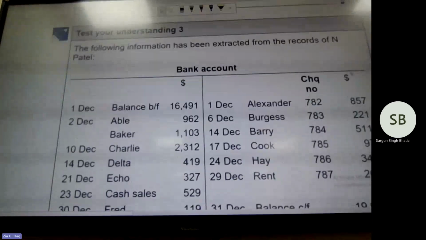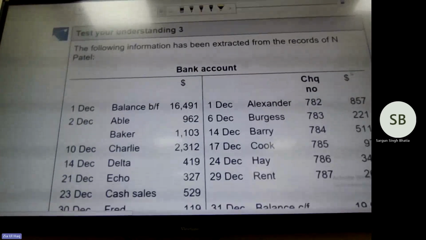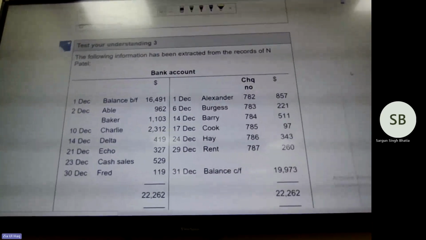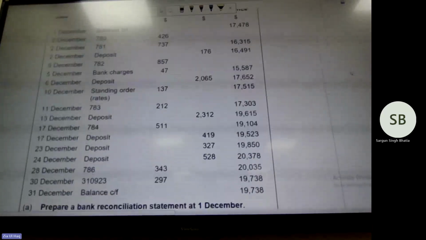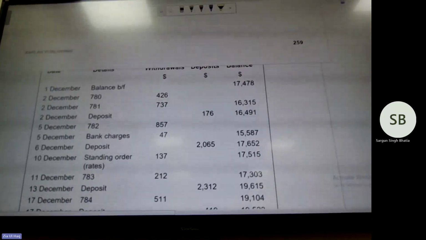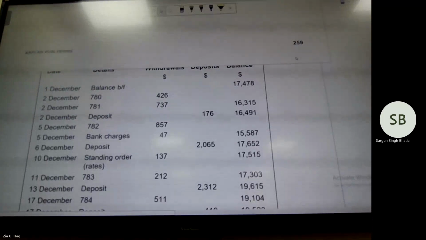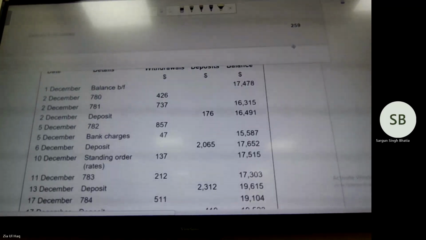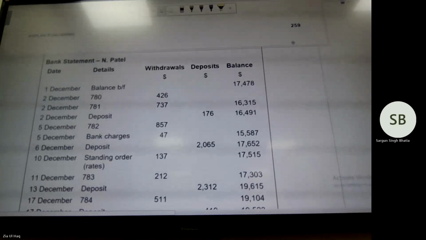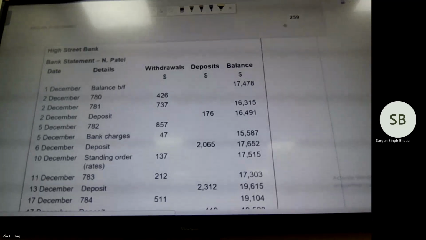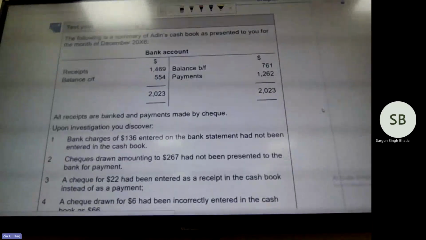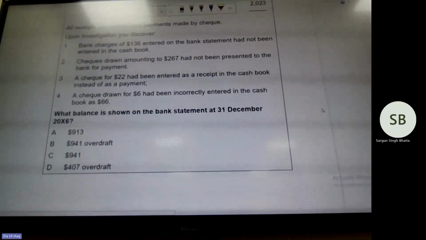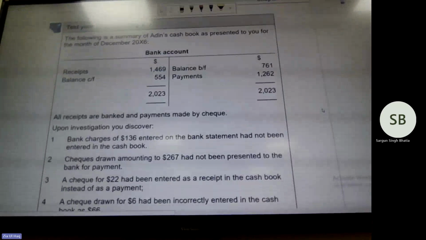Okay, now moving towards test your understanding 3. A bigger question. Before test your understanding 3, we should cover test your understanding 4. So let's discuss test your understanding 4 first, then we will move towards test your understanding 3.